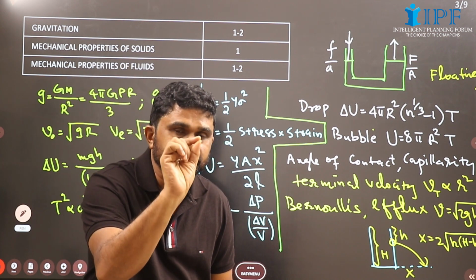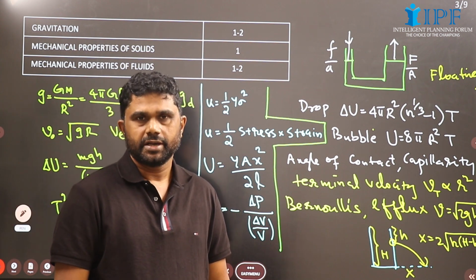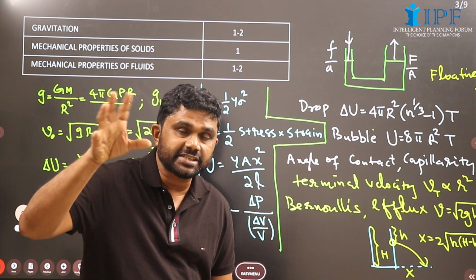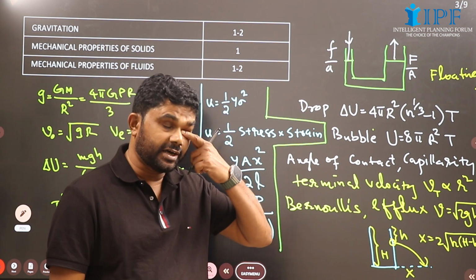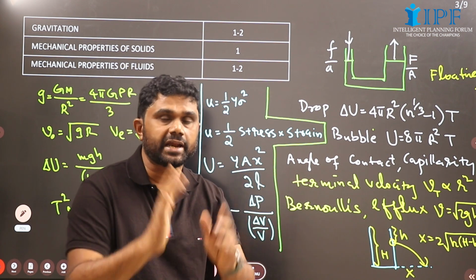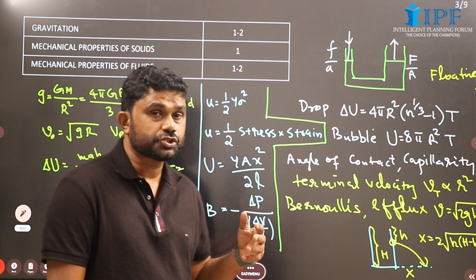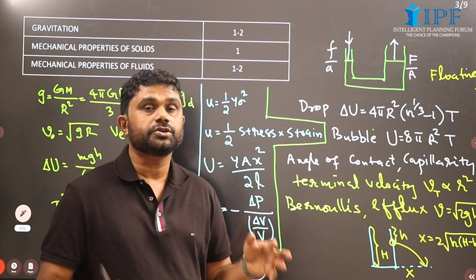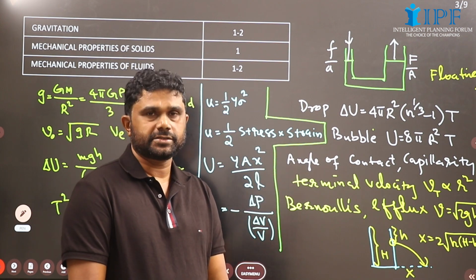Here, small h and capital H minus small h give the same range. In projectiles, the sum of those two angles is 90. In case of this water jet, the sum of those two heights is capital H. These are the things that you should not skip, or that you should learn from fluid mechanics.